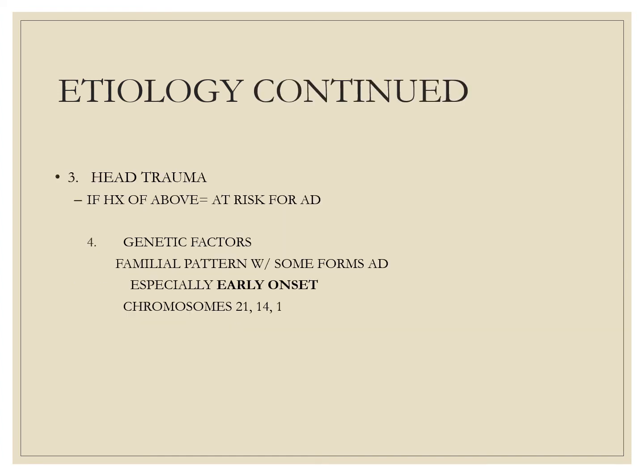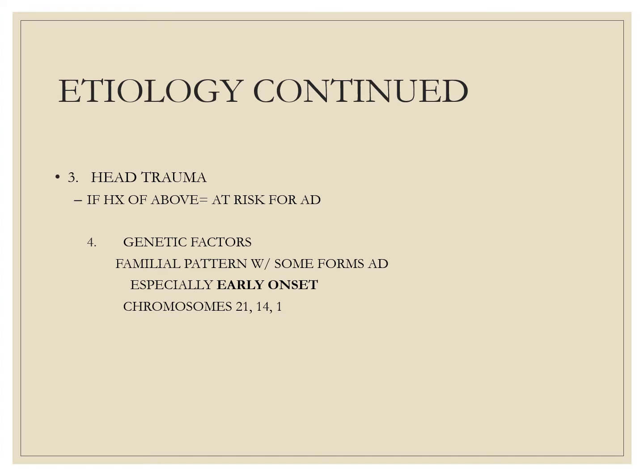We do know that head trauma increases your risk. Genetic factors: there are some types of genetic dementias that form early, possibly late 40s, early 50s, and these can be found on genetic testing at this point.